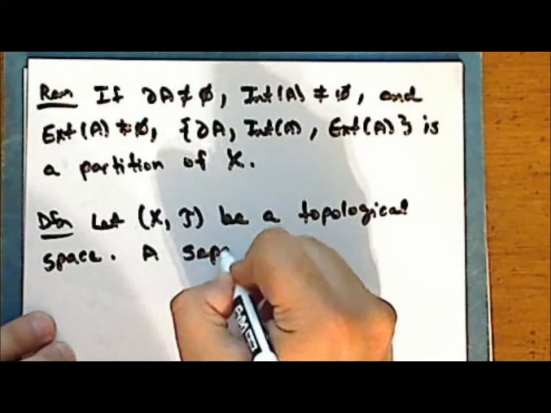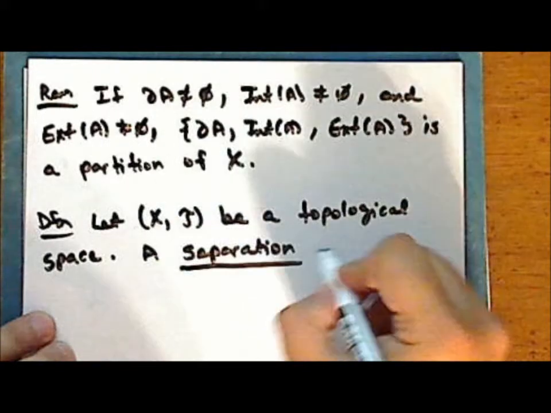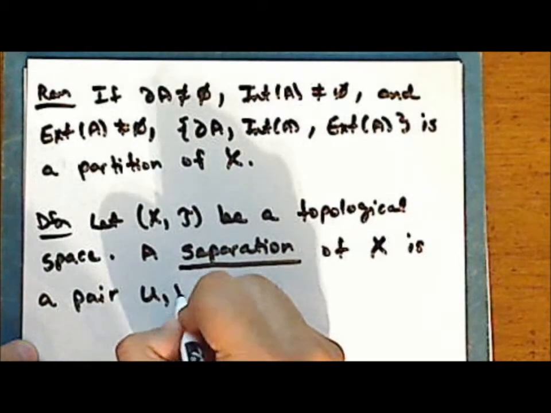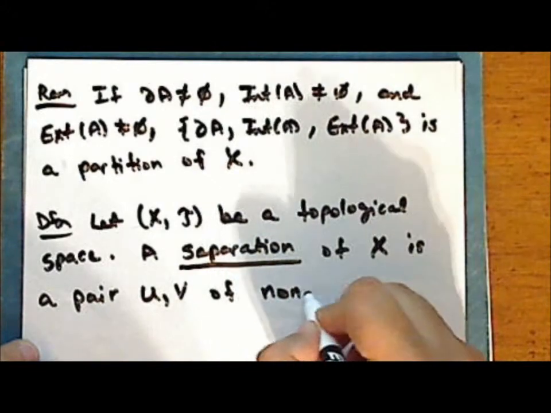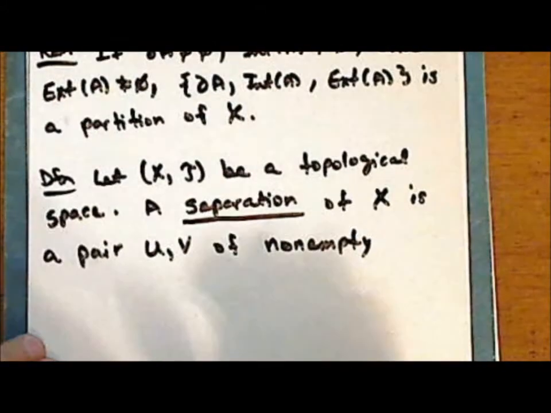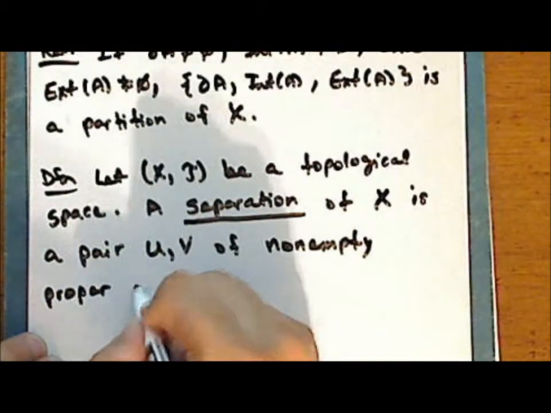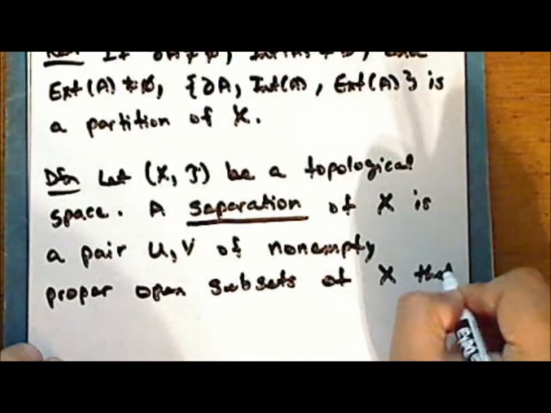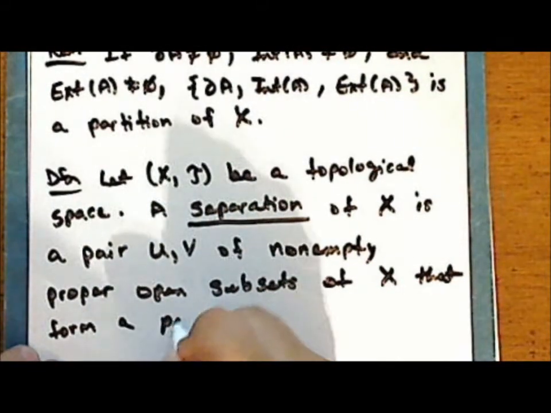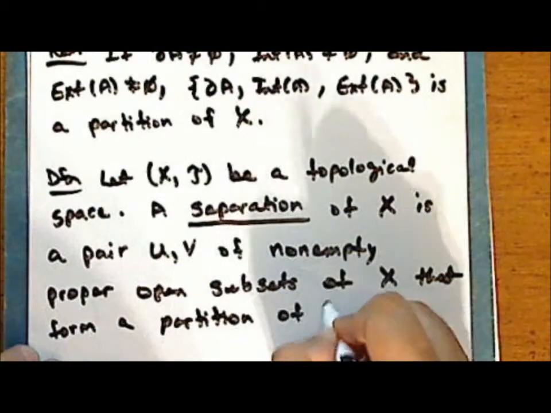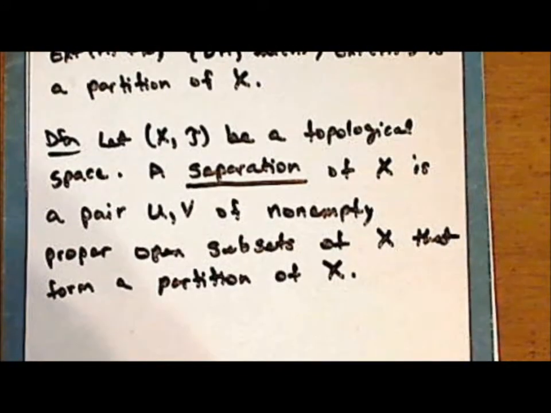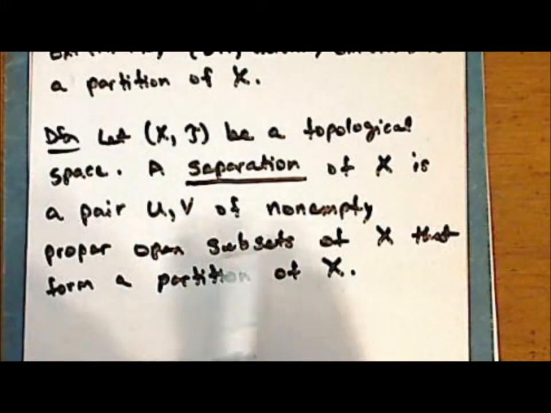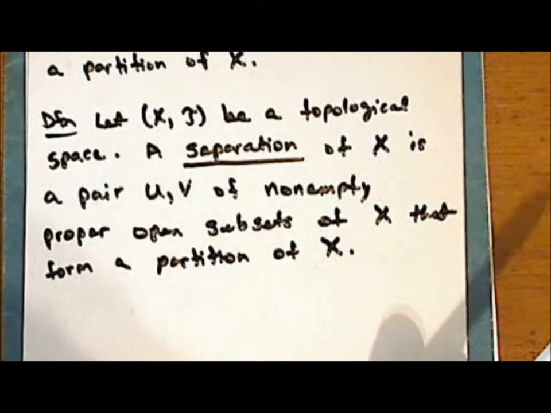A separation of the space X is a pair, which we will denote U and V, of non-empty proper open subsets of the set X that form a partition of X. So notice once again that for a separation we need a pair of non-empty, proper, and open subsets of the set that forms a partition of the set X.